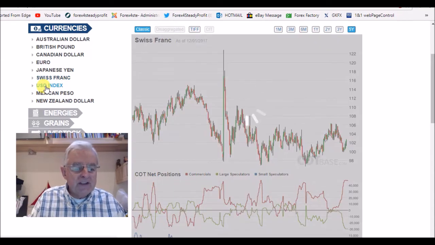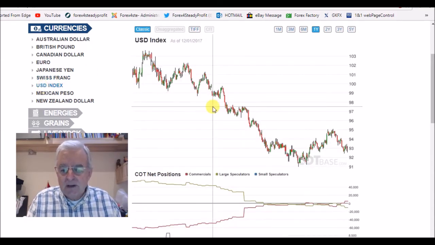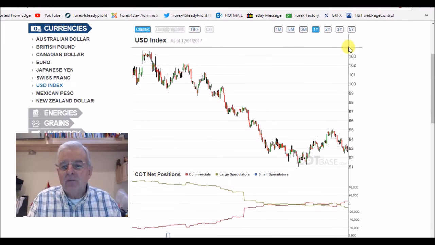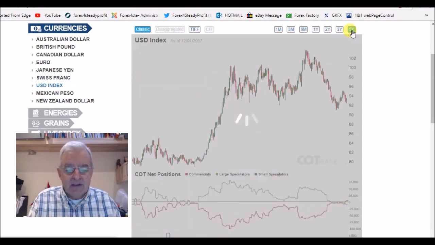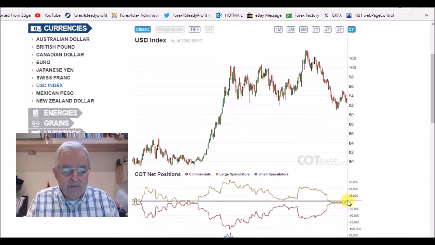Next one we've got, this is the US index. I haven't actually got it on a bar chart, but as you can see, if you put this on a 5-year chart, you can see how bullish the commercials are of the US dollar index.